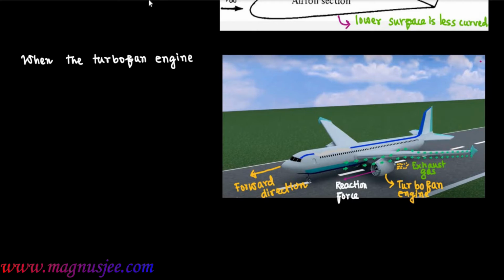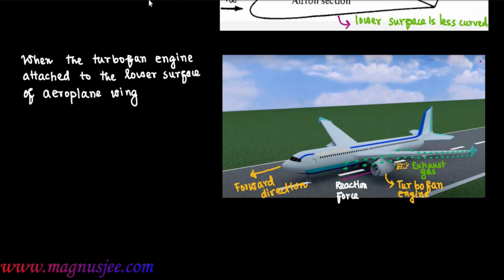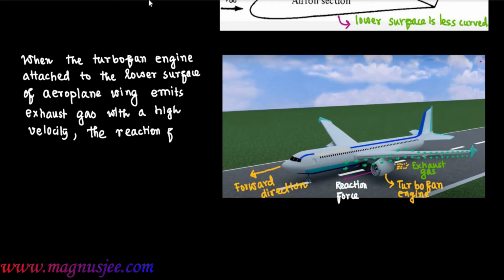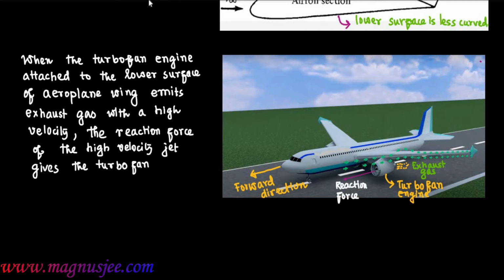When the turbofan engine attached to the lower surface of the aeroplane wing emits exhaust gases with a high velocity jet, the reaction force provided by the high velocity jet gives the turbofan engine sufficient thrust to move in the forward direction.